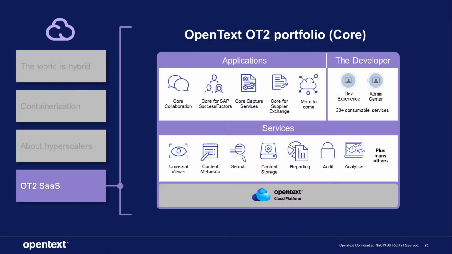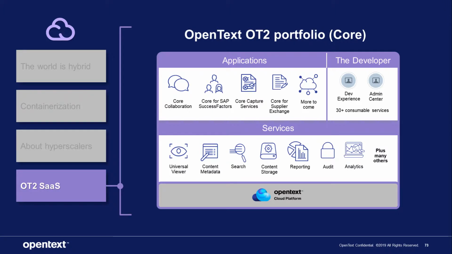So the OT2 platform, the OT2 portfolio, you will see a lot of applications. We saw one today with Core Capture. I think you're going to see another one a little bit later today. We are building OT2 as a foundation to deliver SaaS applications. An example that you will see talked about a lot is the services that we deliver on the OT2 platform.